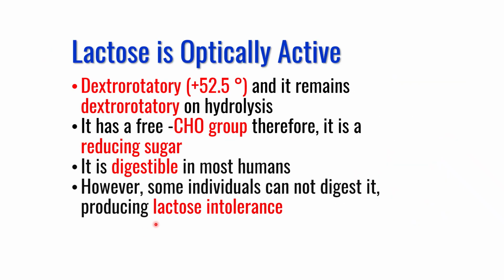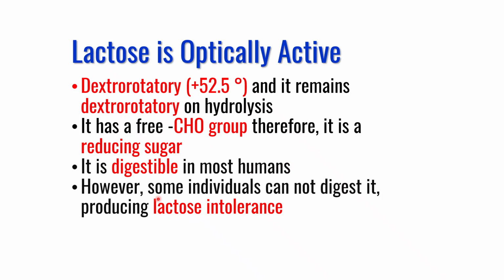Lactose also has chiral center, therefore it is optically active. It produces a clockwise rotation of 52.5 degree and therefore it is dextrorotatory, and it remains dextrorotatory on hydrolysis to its monosaccharide units. Unlike sucrose, it has a free aldehyde group, therefore it is a reducing sugar.